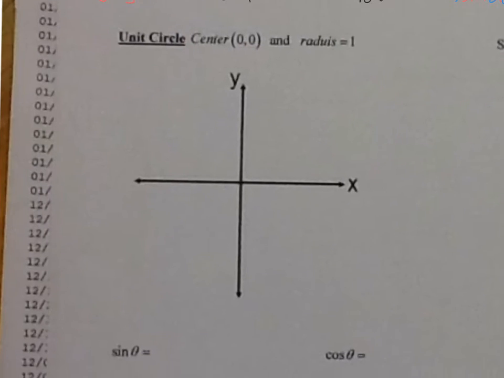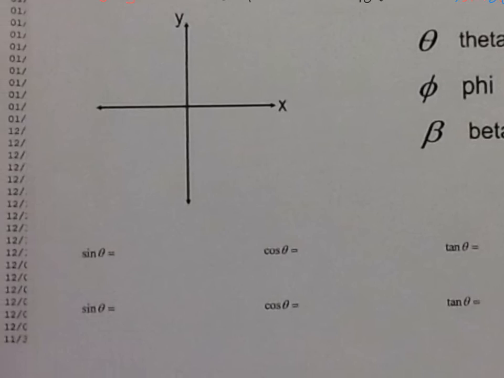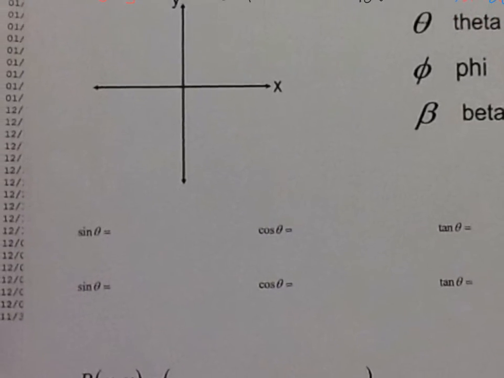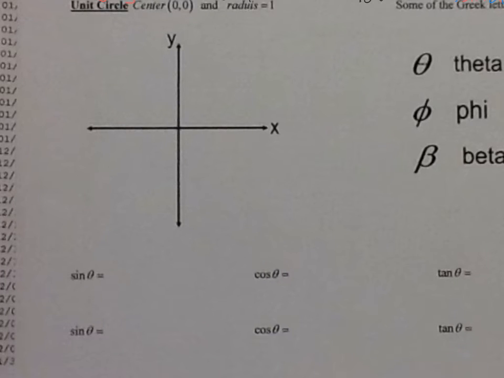All right, so the unit circle. So the unit circle is, you have a center at 0, 0, and your radius is 1, meaning 1 unit. So that means we're going to go to the right 1 unit.